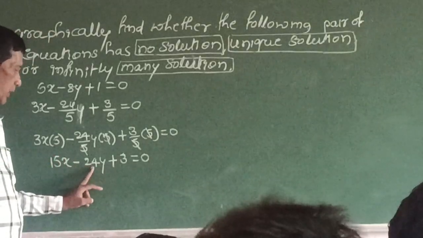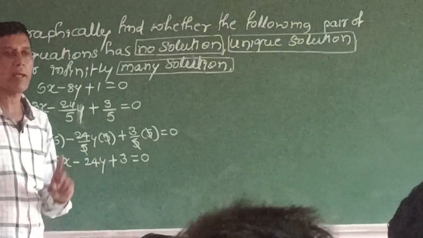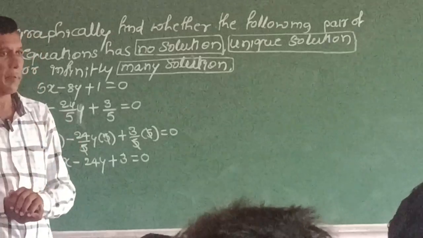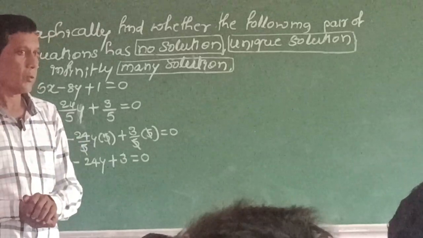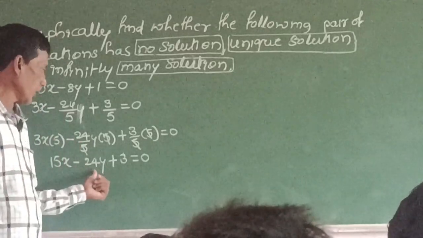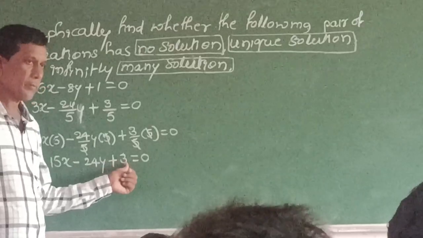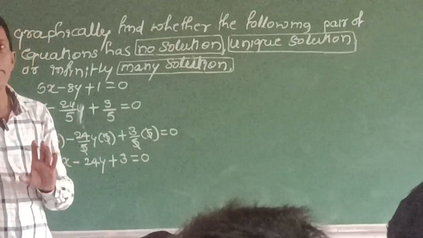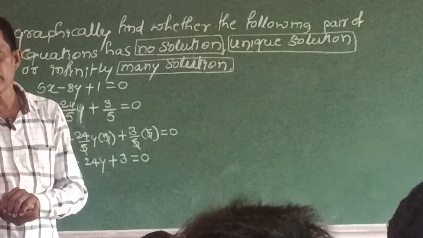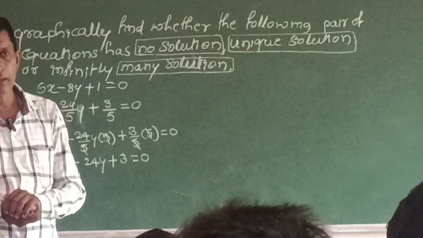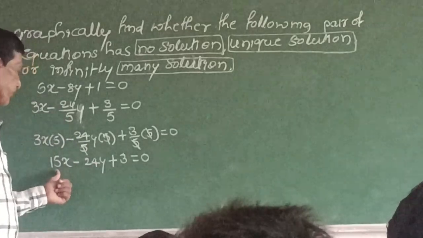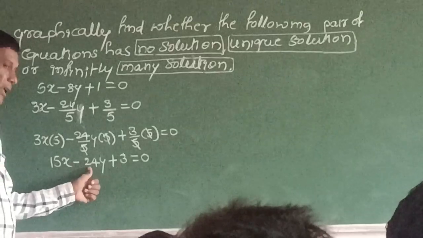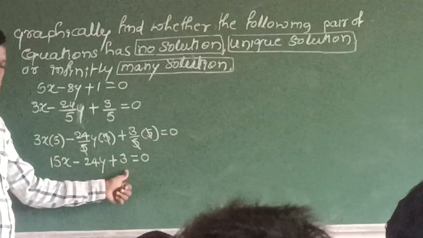15x minus 24y plus 3: these numbers 15, 24 and 3 are all in the same table, the 3 table. 3 fives are 15, 3 eights are 24, 3 ones are 3.